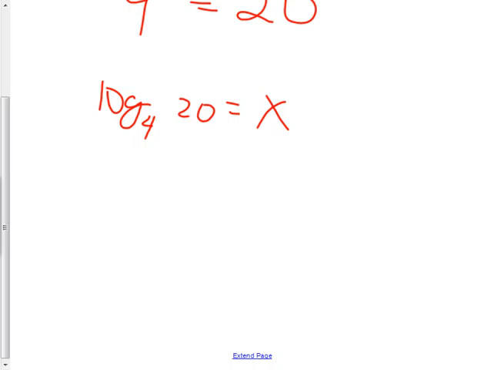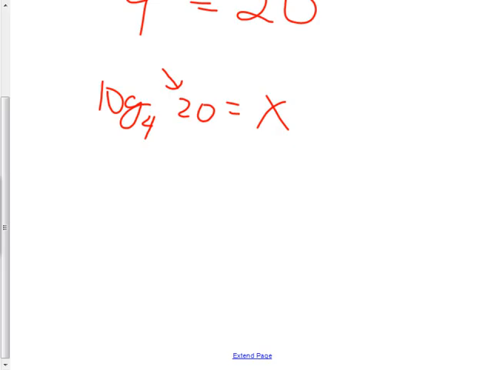So in other words, I really want a 4 to be there. If it doesn't just jump out at you on your homework, especially on the book, that means that you're not going to know it. You won't be able to do it. That one you can't write 4 to the something to make 20. So there, I mean, you could, you're just not going to likely be able to pull it off. So then what are you going to do with the calculator? Log 20 over log 4, and you pretty much got it.